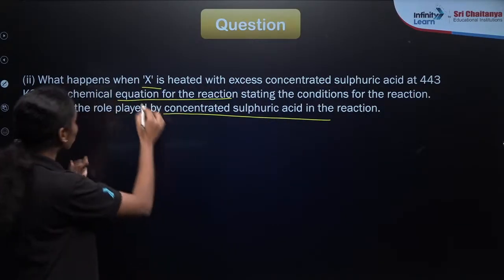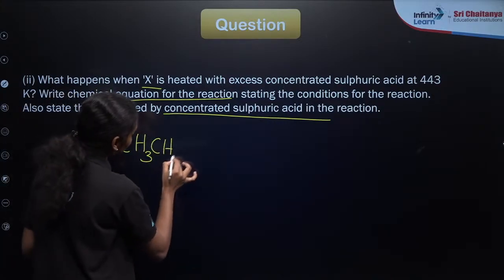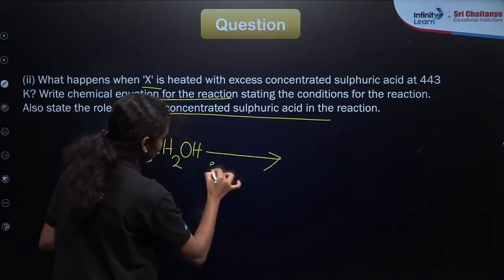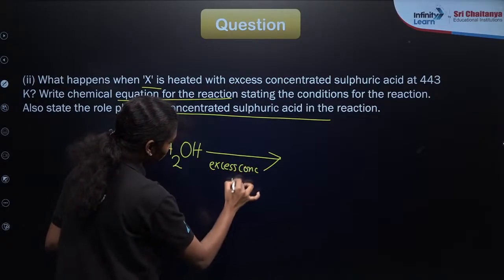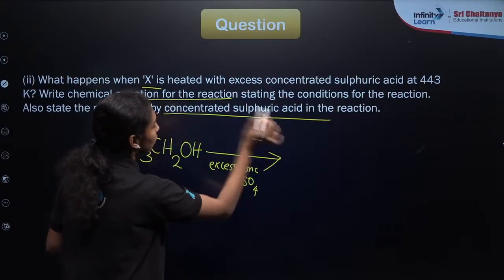So here our compound X is ethanol, right? CH3CH2OH. So what we need to do, we need to treat this with excess concentrated sulfuric acid at a temperature of 443 Kelvin, right? 443 Kelvin, which is given here.